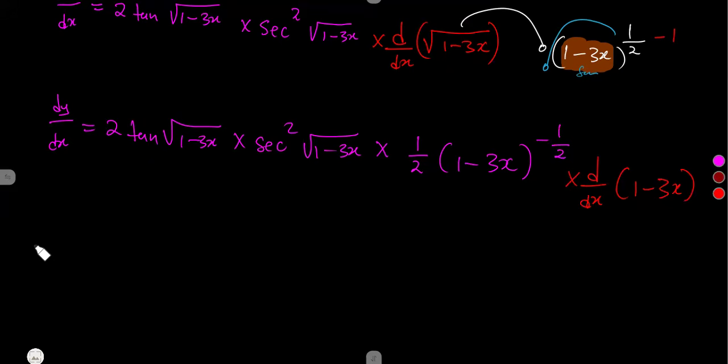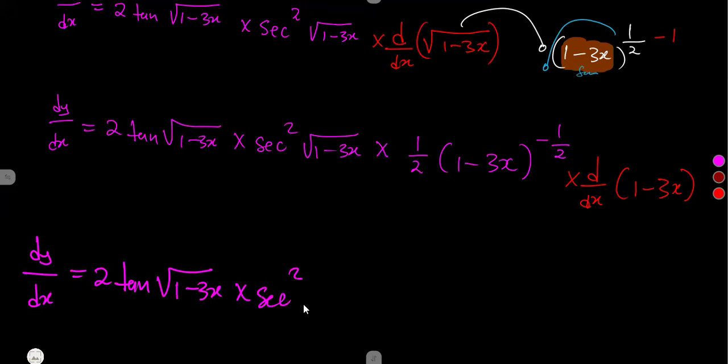So therefore, our derivative with respect to x is 2 tan the square root of 1 minus 3x, times this part as it is, which is the sec squared of the square root of 1 minus 3x.